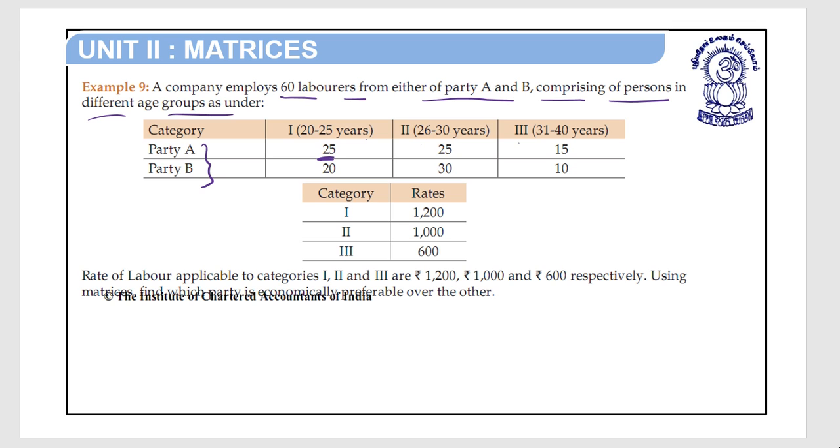Party A: 25, 25, 15. Party B: 20, 30 and 10. The rates of labor applicable to categories 1, 2 and 3 are 1200, 1000 and 600.